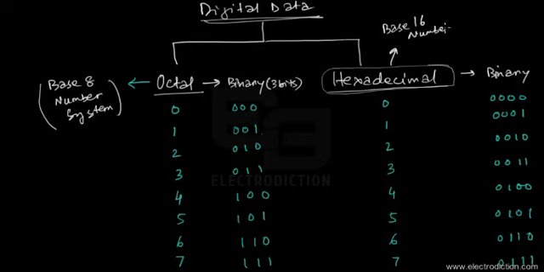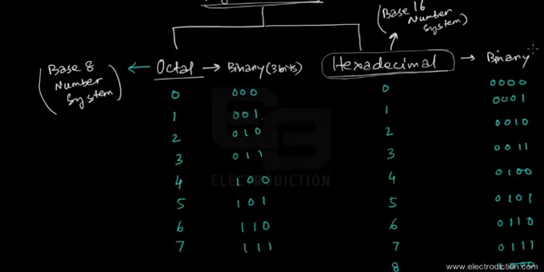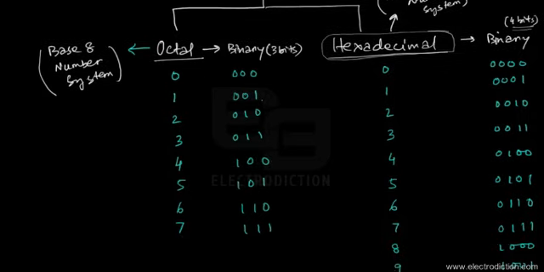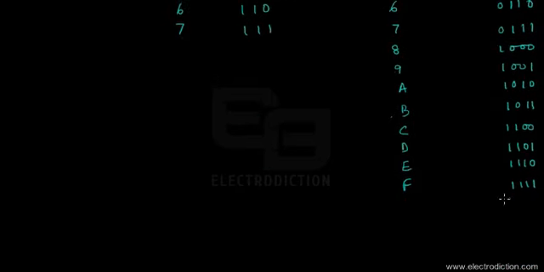The equivalent binary codes for each of the hexadecimal digits are 4-bit in nature, starting from 0 through to F.